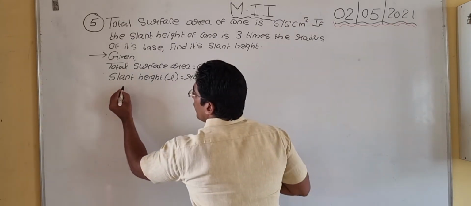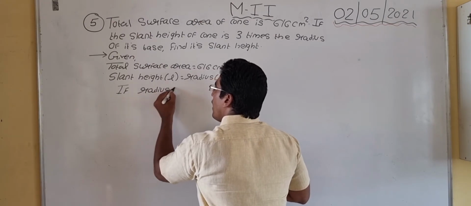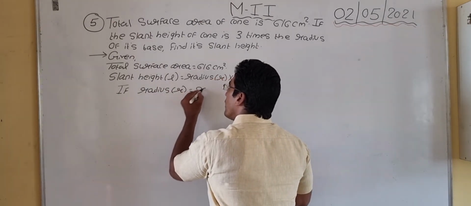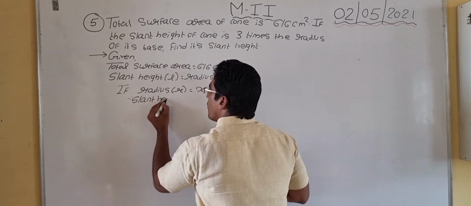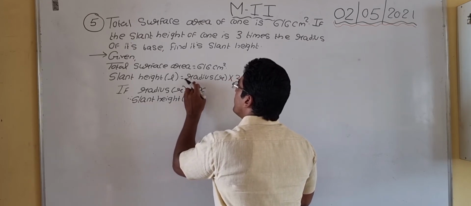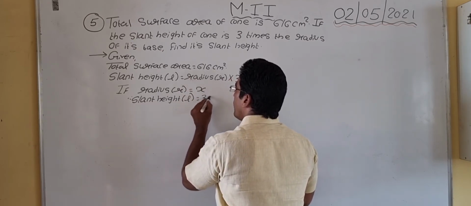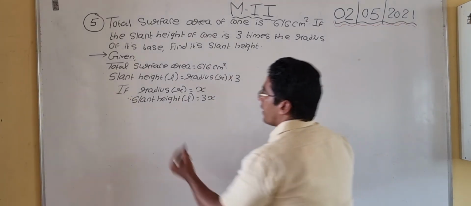Now, if I consider radius r is equal to x, therefore what will be my slant height? Slant height L is equal to, radius is x, x into 3 will be 3x. Now they have given us a value of total surface area.